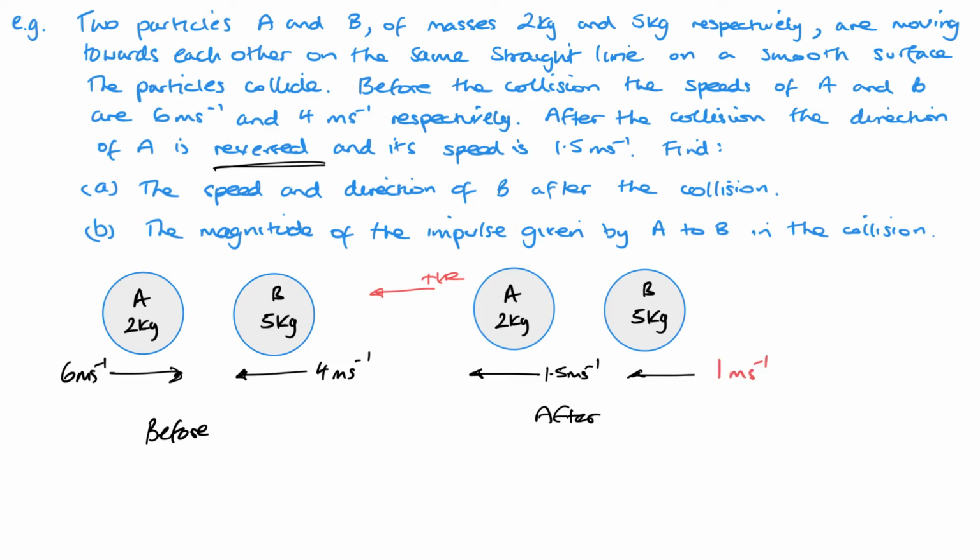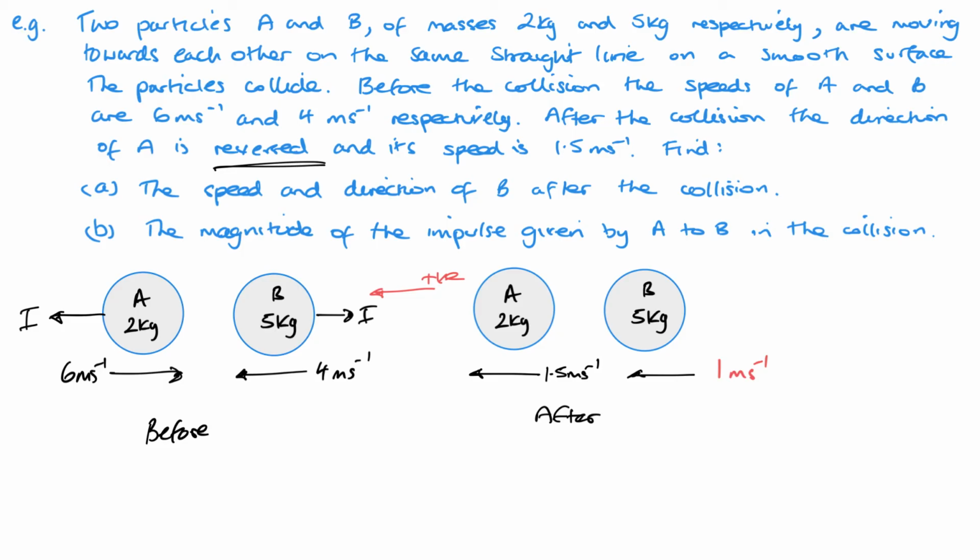Now for part 2, we are talking about the impulse. Now remember, the impulse comes off these at impact in the opposite direction. Okay, and as I said before, it doesn't matter which way round we are thinking of.